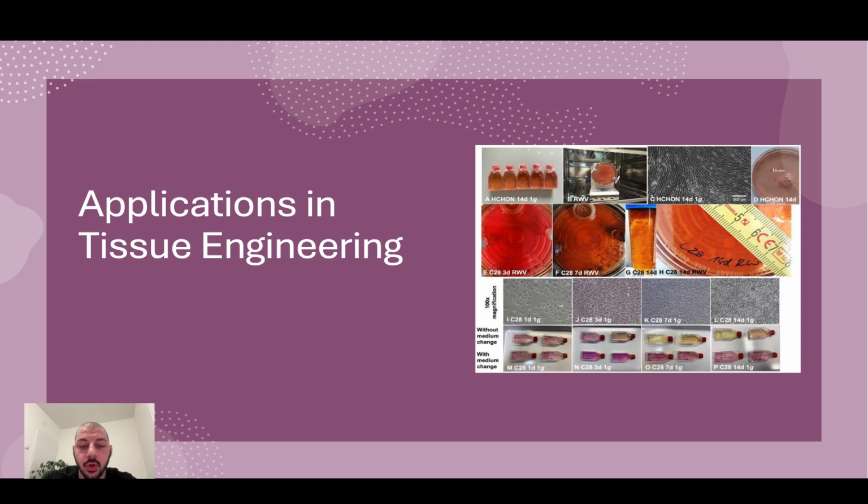As for bone regeneration, osteoblasts cultured in these bioreactors demonstrate improved mineralization and osteogenic gene expression. For example, studies using rotary wall vessel bioreactors have shown that viable, dense cartilage-like tissues can be generated within 14 days without requiring scaffolds or microcarriers.